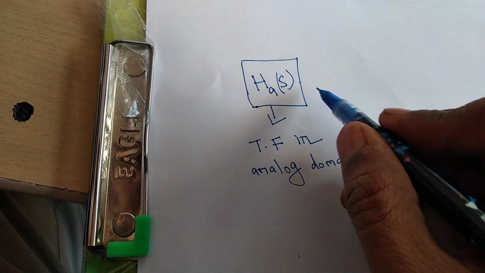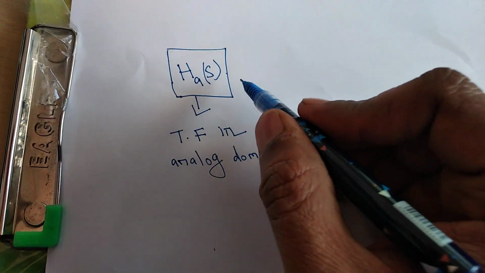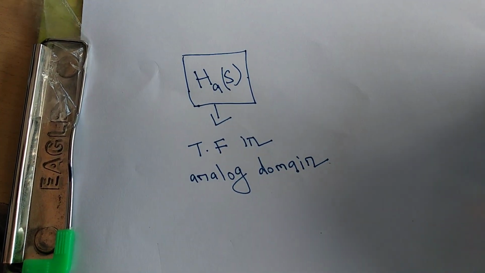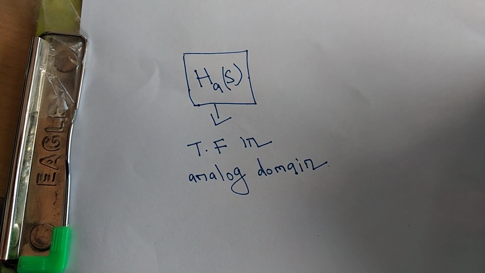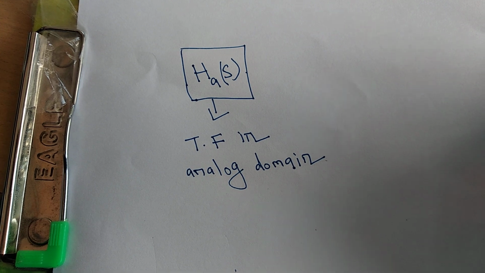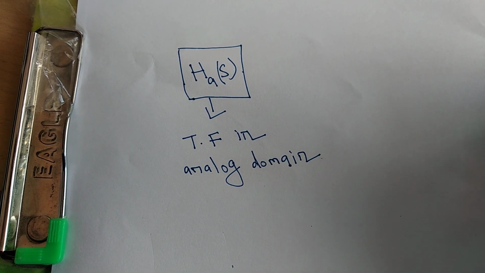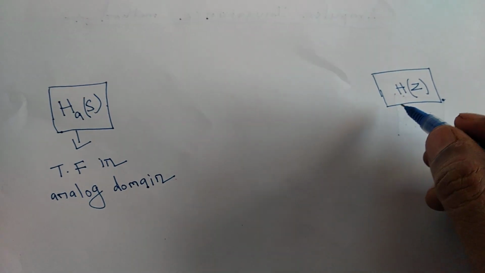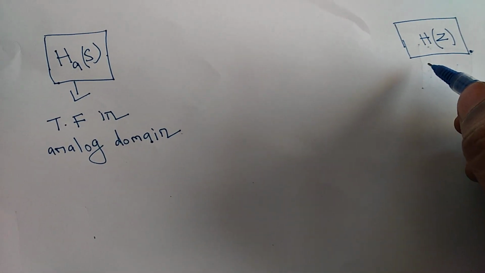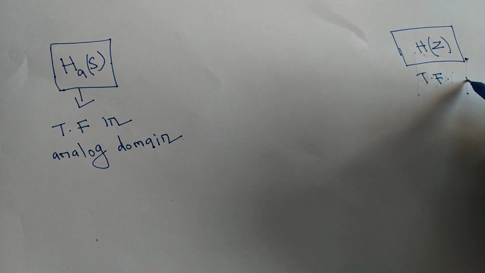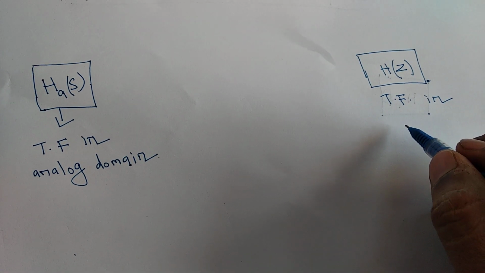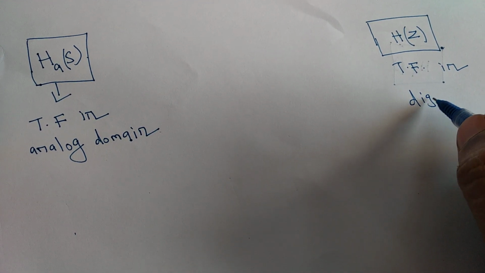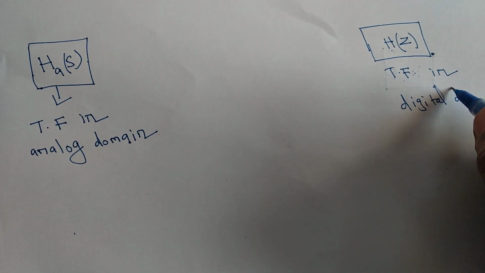This is an input, and our ultimate output is to obtain H of z, that is the transfer function in digital domain.